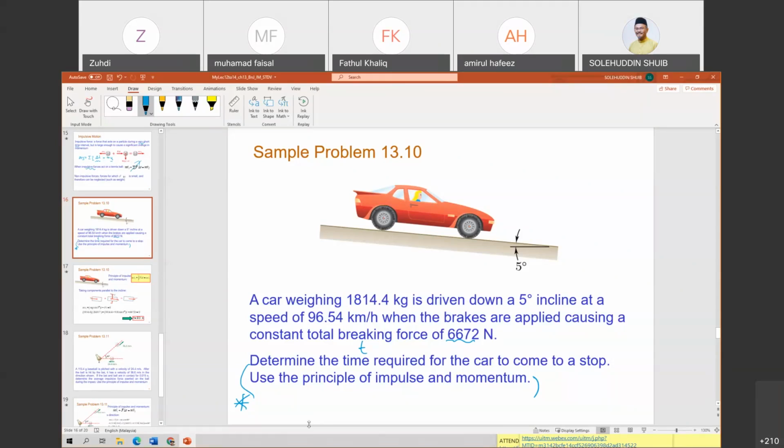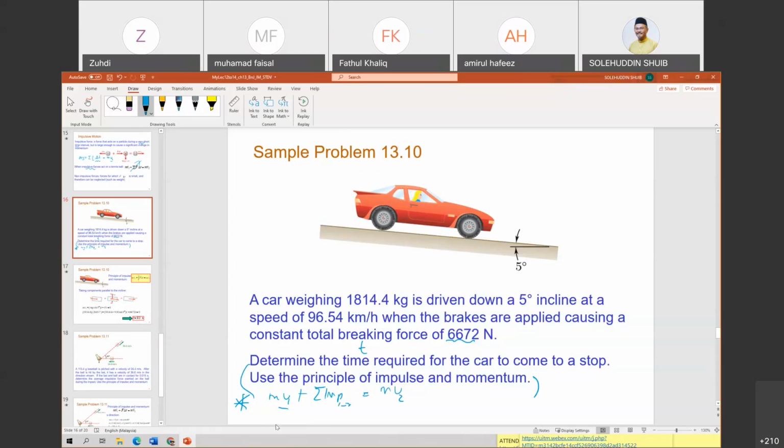So we apply the equation that you have been exposed to earlier: mv1 plus the impulse from 1 to 2 equals mv2.